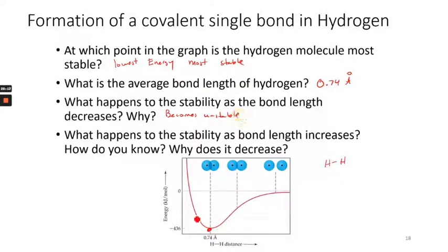Why is it becoming unstable? As these two start getting close to each other, the two protons, the protons in the nucleus of each atom, repel each other.